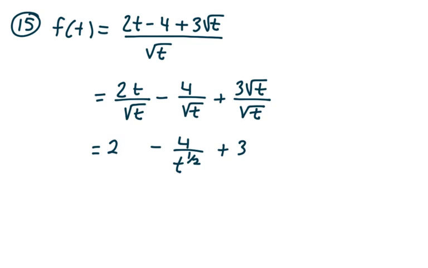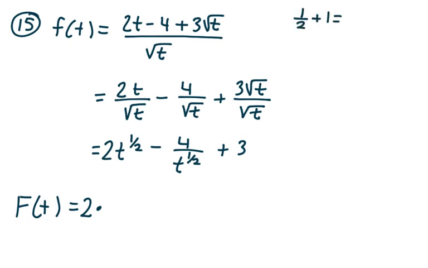In fact, it might be better. We can write that first term as 2t to the 1/2. Okay? Let's write that 1/2 a little clearer. So this is 2t to the 1/2. All right. So f of t is 2 times, now, if I take 1/2 plus 1, I get 3/2, right?